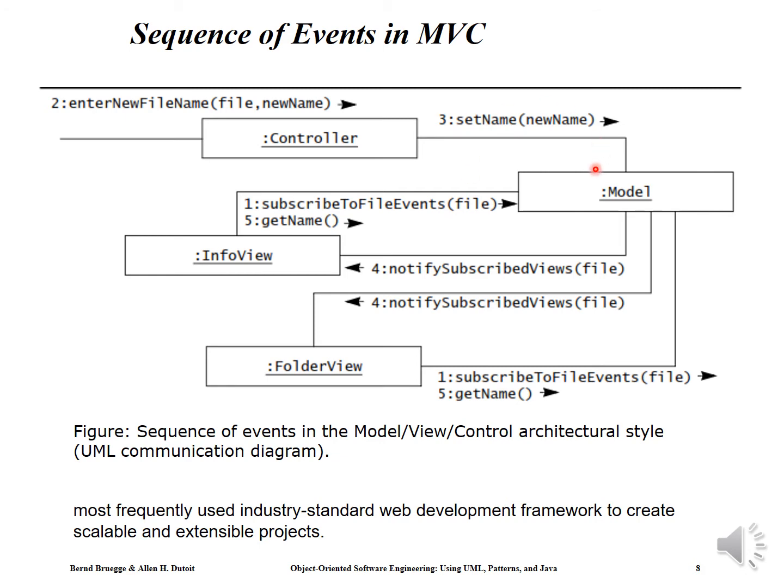And as I already told, the data manipulation logic will be in the model. So the model changes the file name and notifies all the subscribers about the change. So both information view and folder view are updated and notified. So the user sees the consistent change.